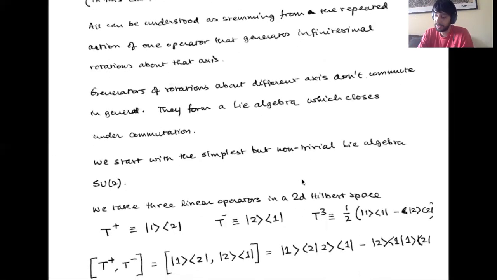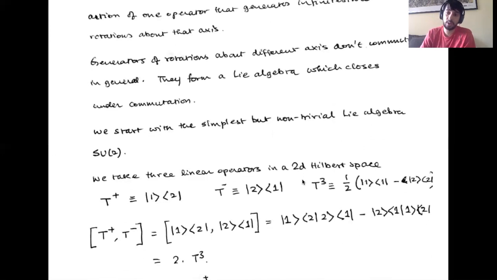Okay, so let's look at a two-dimensional Hilbert space, spanned by the vectors 1 and 2. And we're going to take these three linear operators. We're going to call this object, this bra and this ket, T plus. This is going to be T minus, which is the bra 2 and the ket 1.